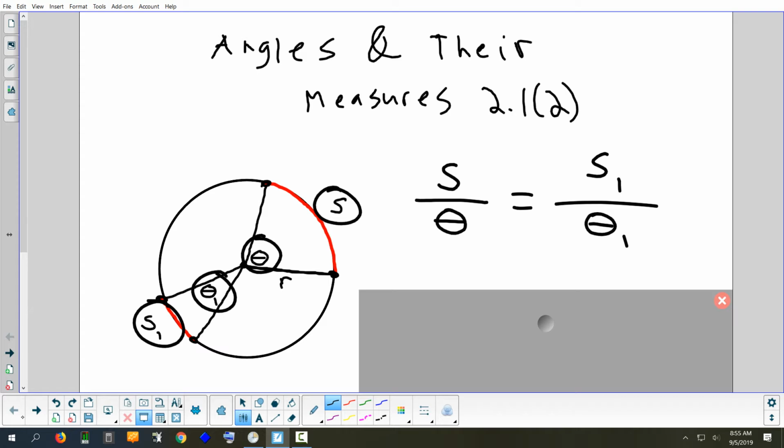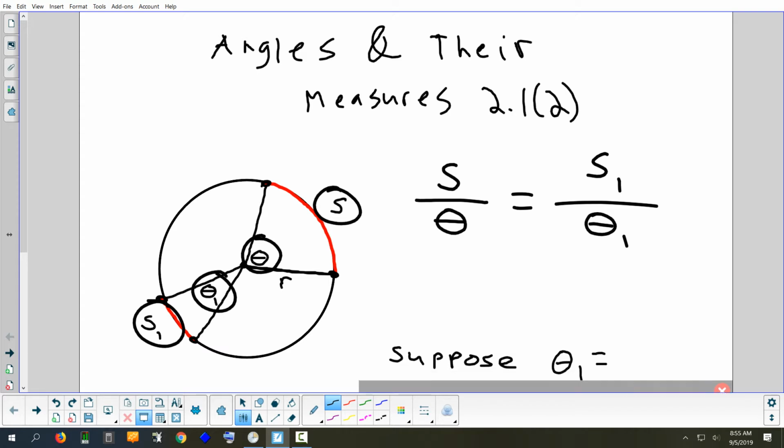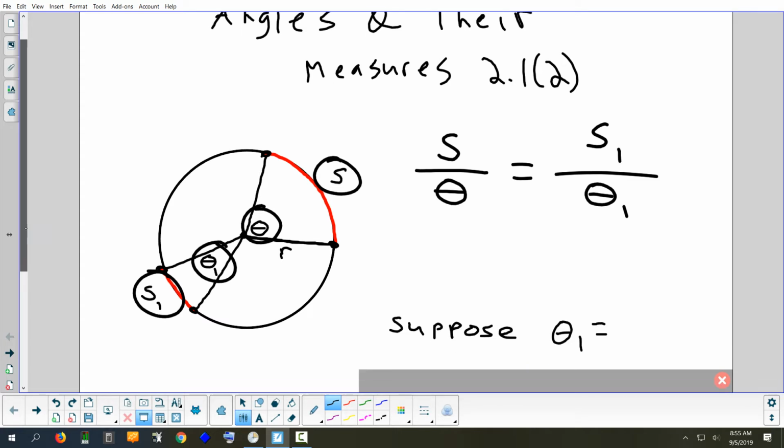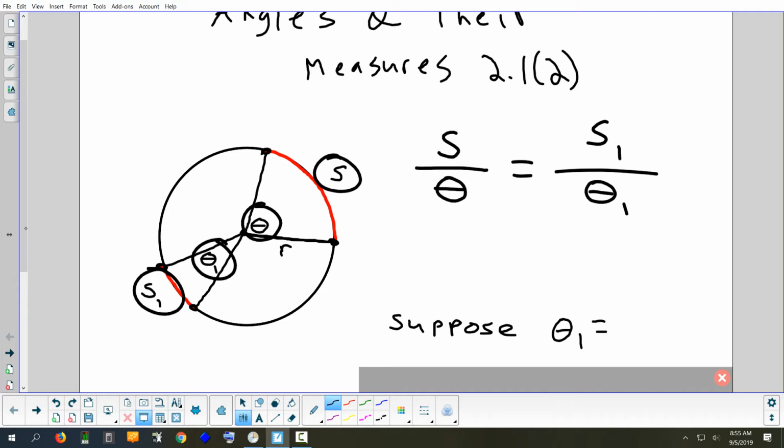Well, I taught you something about this yesterday. And what I taught you yesterday is going to be the starting point. It's going to be like in 1 foot there's 12 inches. But it's not going to be a relationship between feet and inches. It's going to be a relationship between angle size and arc size.